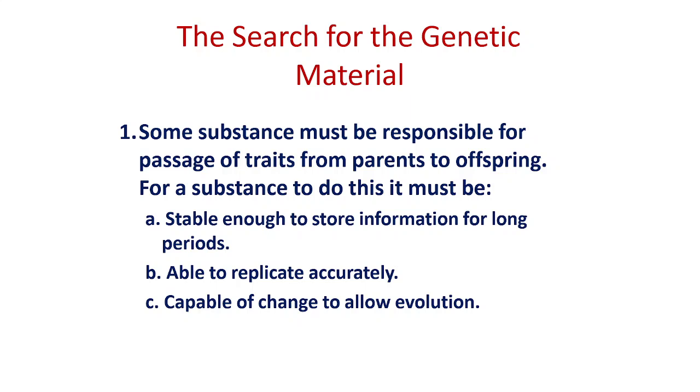For a substance to do this, there are certain properties it must maintain. It should be stable enough to store the information for a long period, carried from generation after generation.